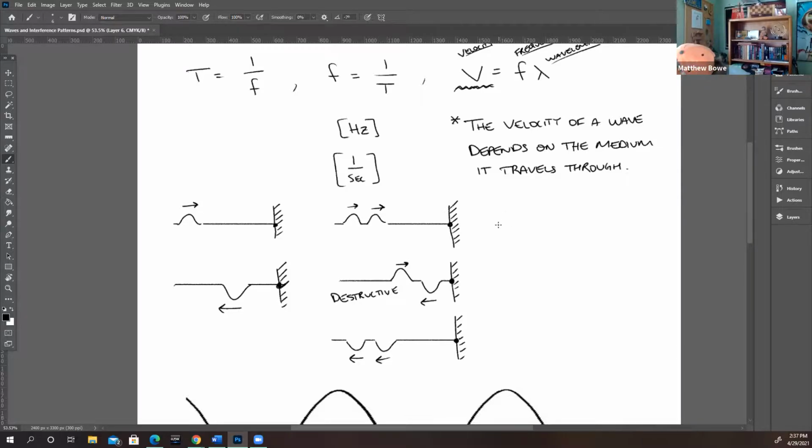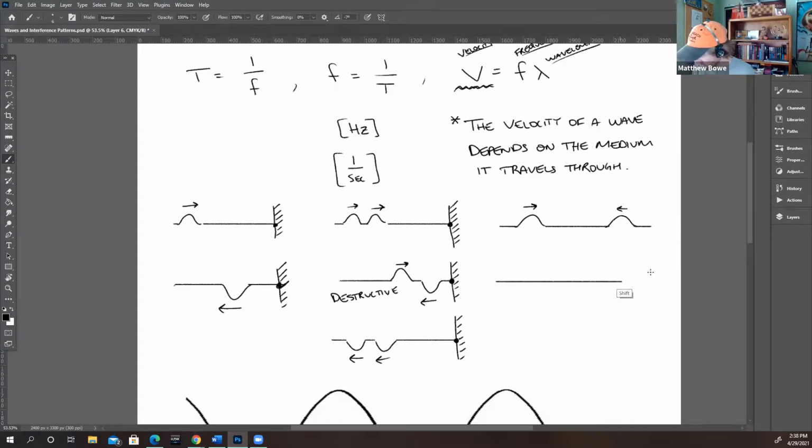And the last one is, say I have a string and we don't care about where it's attached. But I have one wave that is moving to the right, and I have another wave over here that's moving to the left.